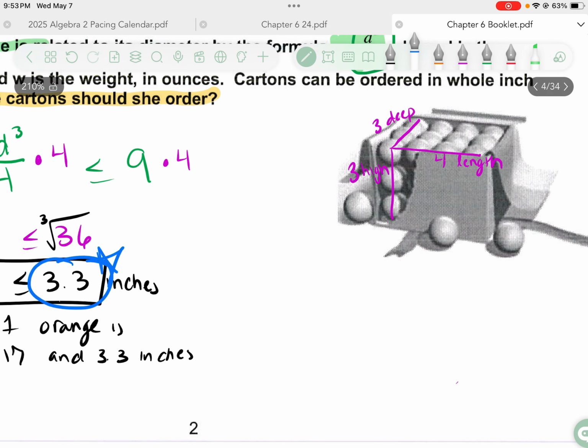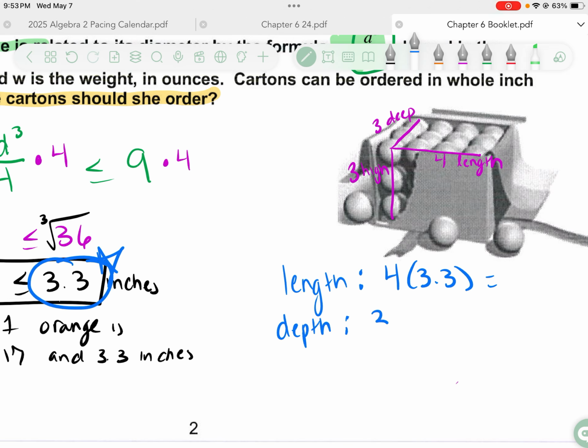Okay, so if I go ahead and figure this out, to figure out the length of my box, there's 4 oranges, so 4 times 3.3. The depth of the box needs to be 3 times 3.3. And then the height of my box needs to be 3 times 3.3.